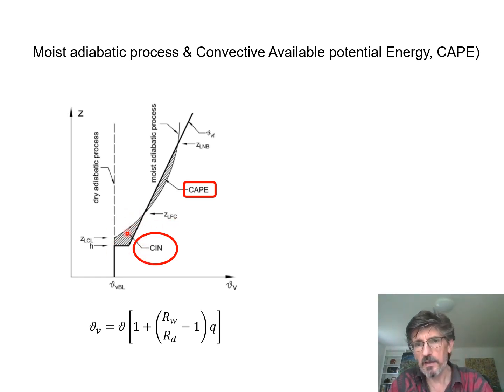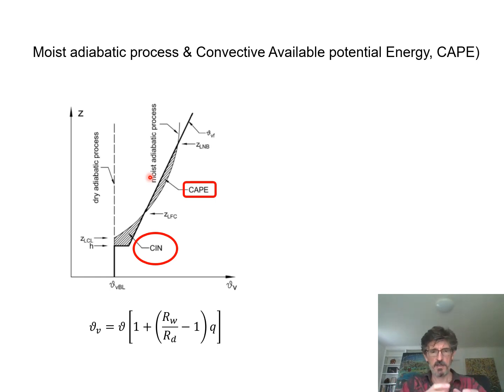But at some point you see this curve cross, and from this point, which is called the level of free convection, if you were to take the parcel here and lift it to this level, now the corresponding temperature would be this one, which is warmer than this value, which is the corresponding value of the free atmosphere.